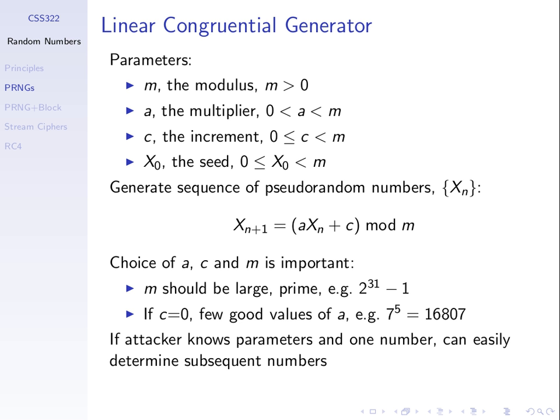And another example: by changing the value of the multiplier a from 7 to 5, we get this second sequence, which is 5, 25, 29, 17, 21, 9, 13, and then back to the seed 1.